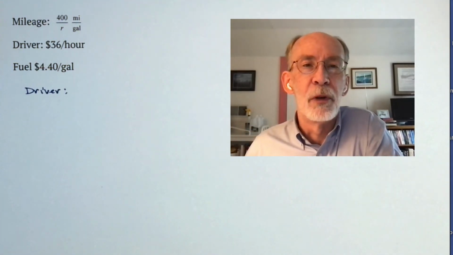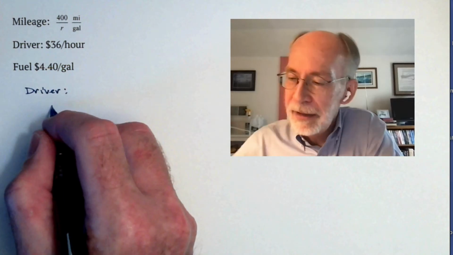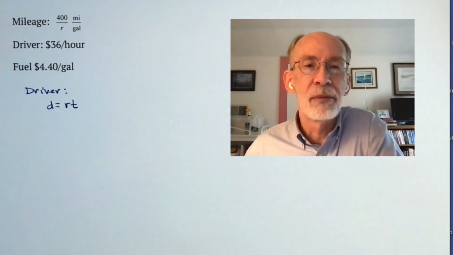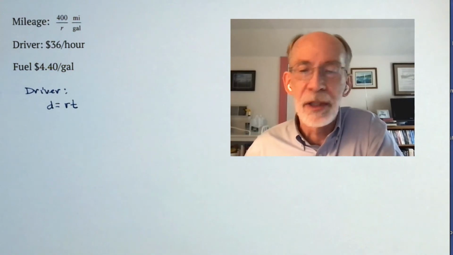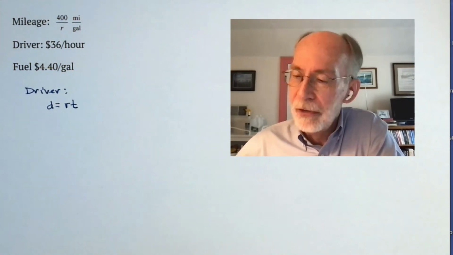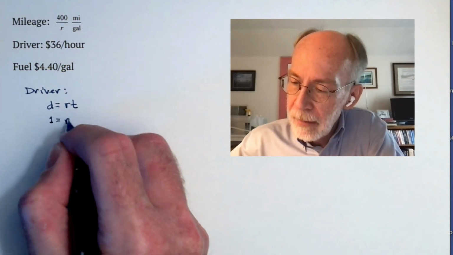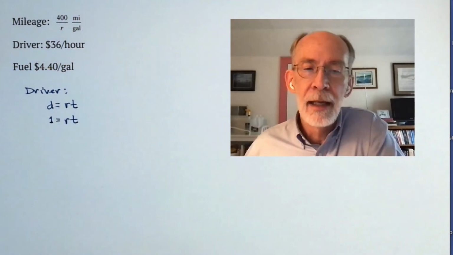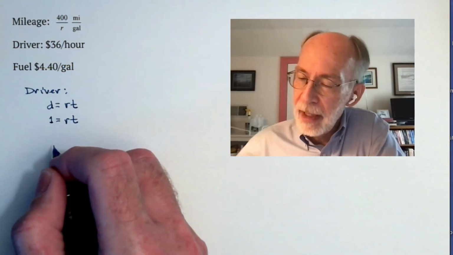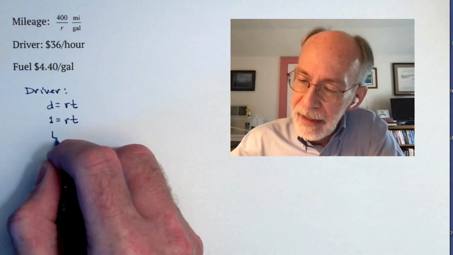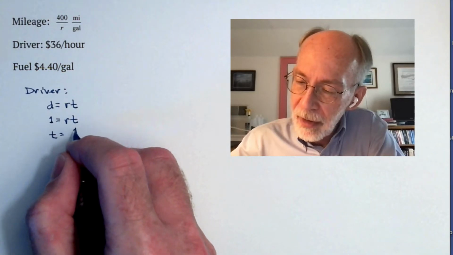One of the more useful things you learn as a student is that distance equals rate times time if you are dealing with a situation in which there's a constant rate. And so let's assume that the distance is 1 mile. And then what is the time that it takes the driver to drive the 1 mile at a given rate? It is 1 over R.